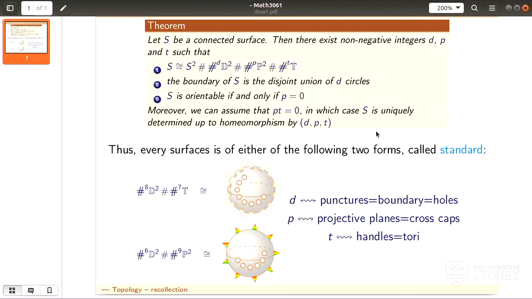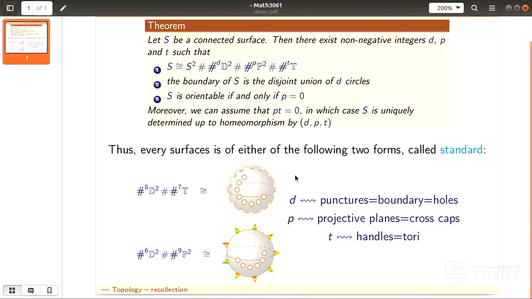As soon as the surface is in standard form, we can uniquely identify it, and that's the whole point. As soon as you have it in front of you in standard form, you know essentially everything about it. And there are only two standard forms.